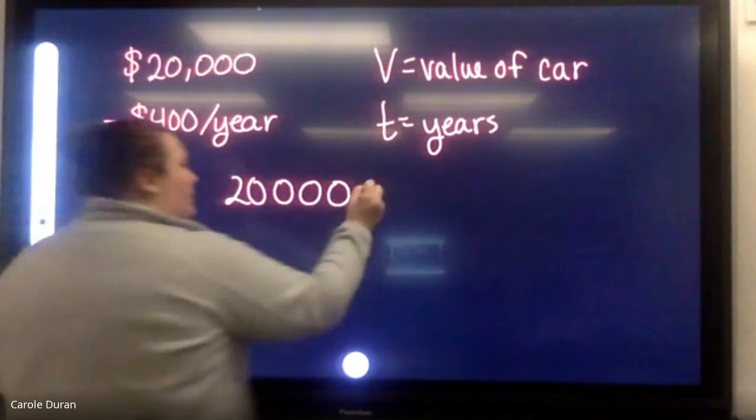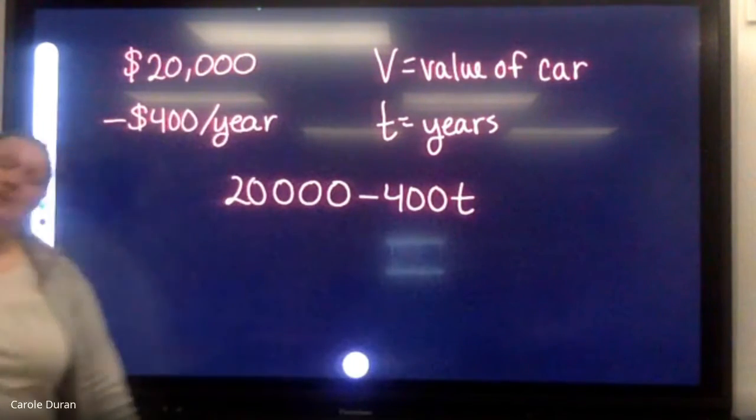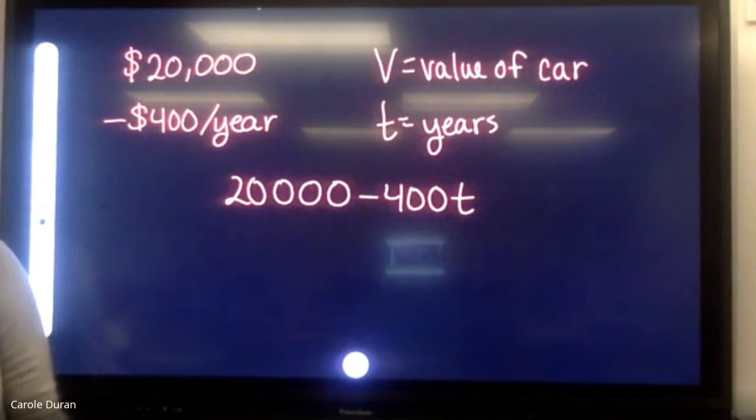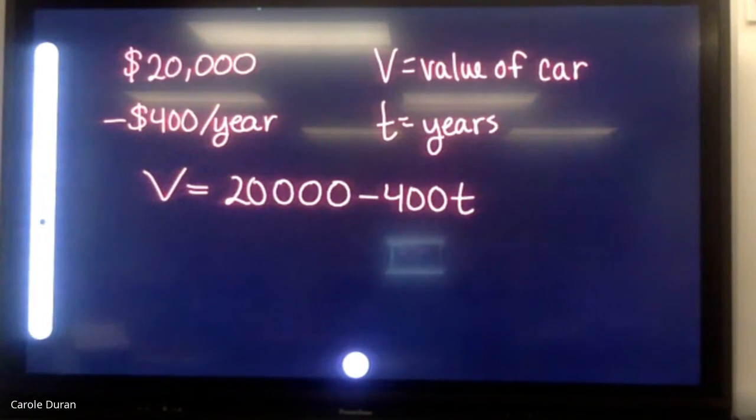I'm subtracting 400 for every year T that I'm trying to find the value at. So my value is 20,000, the initial price, minus the depreciation value times the number of years I'm calculating it at. I said tiers, but it's years. T years.